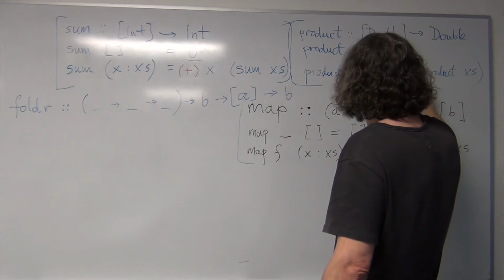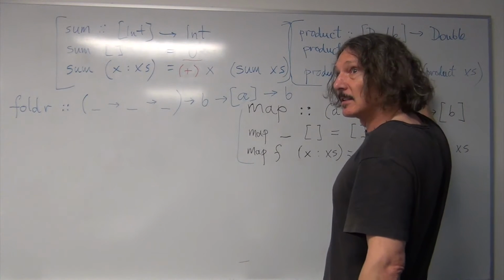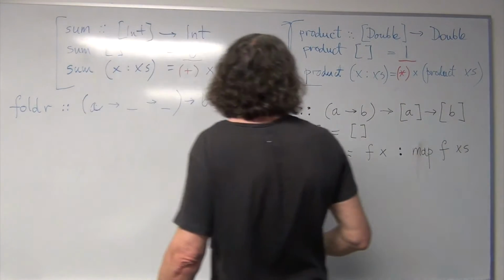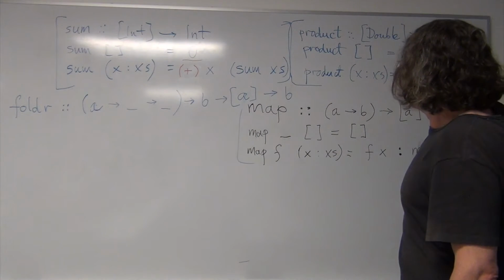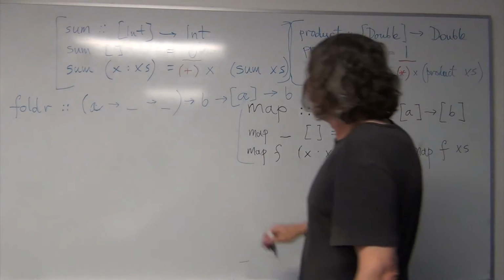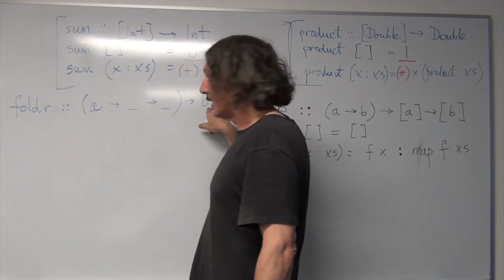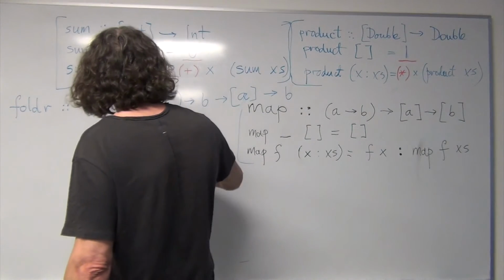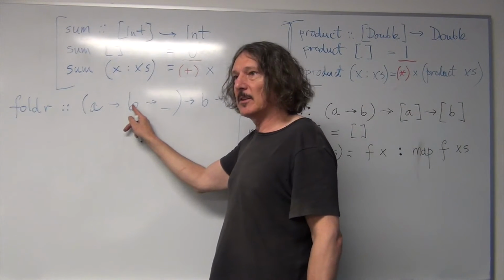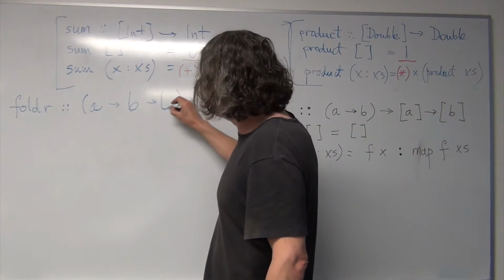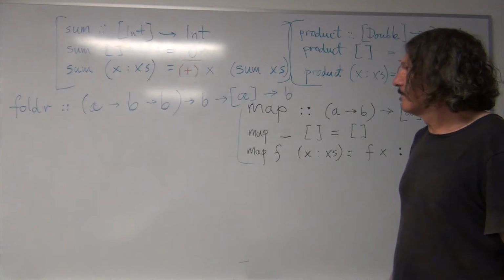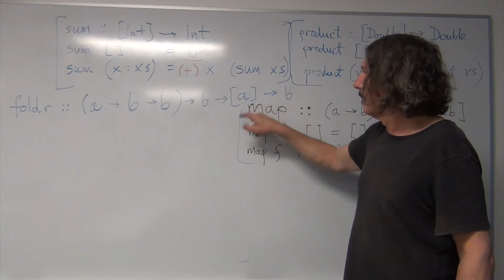We are applying it definitely if the first argument is the head of the list, so it's of type A, right? Must be of type A. The second is actually the type of the result of product or the result of sum, right? Which is the same as the type of the accumulator. Now in our case, these were the same types, but so this is like the previous value of the accumulator, and it returns the new value of the accumulator. Right? So that's the signature of foldR.